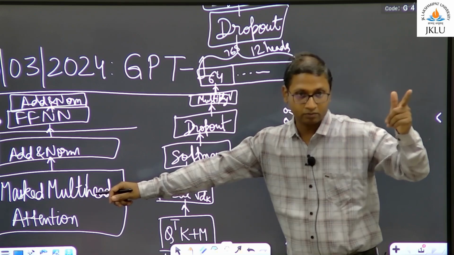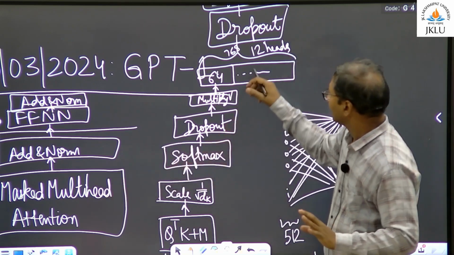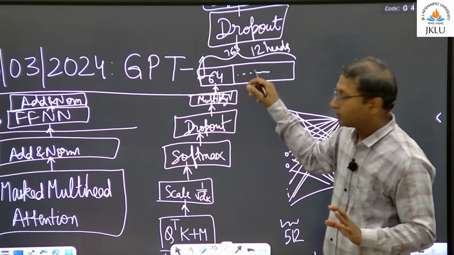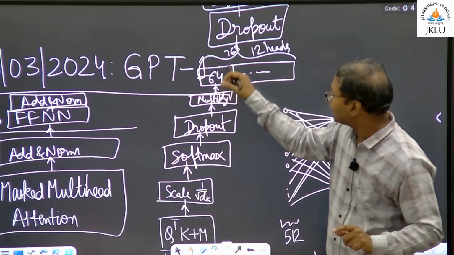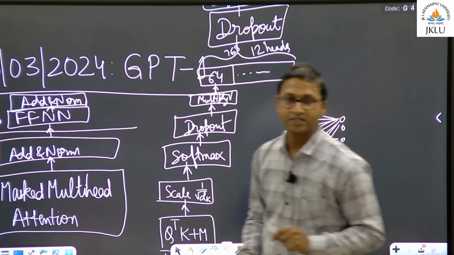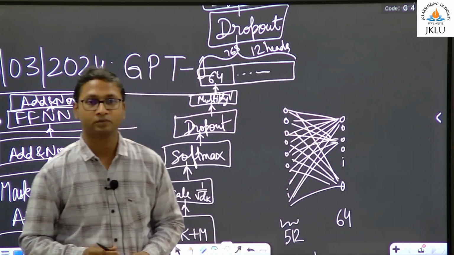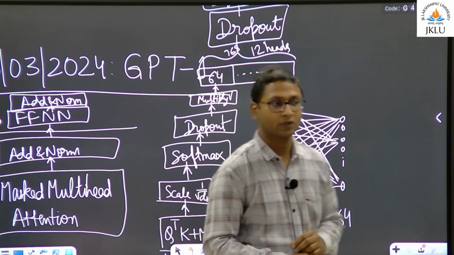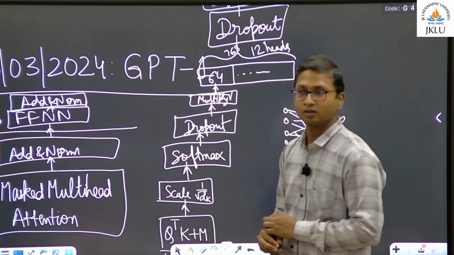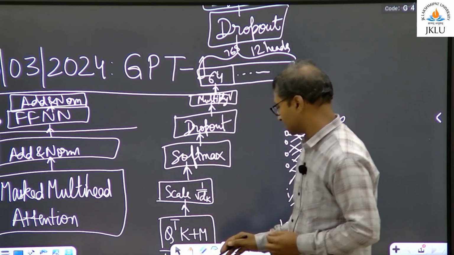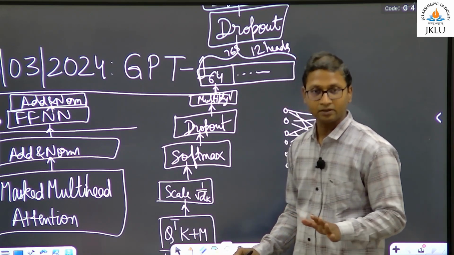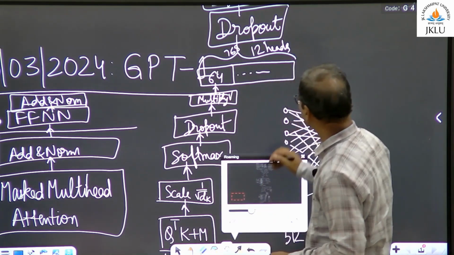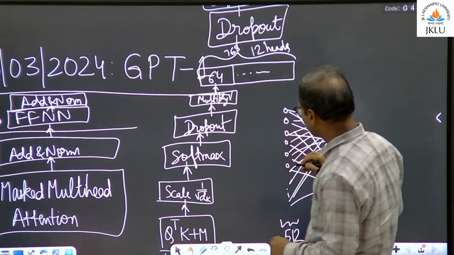That 64 will come here, 12 such things, because in the end you want to make it 768 dimensional. Questions? Done? Okay, this is done.